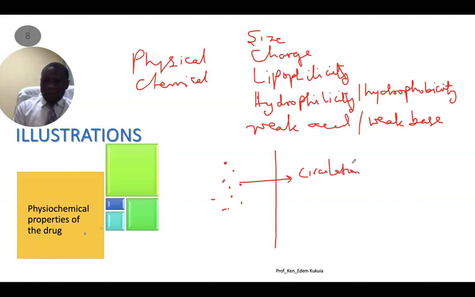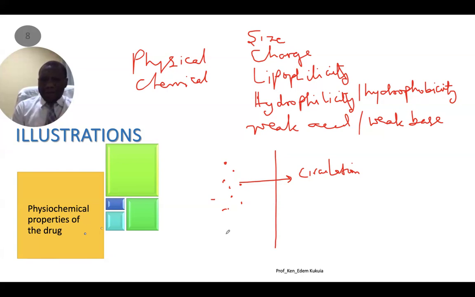Now, depending on the size, the drug molecule would be able to cross this membrane without any trouble, and it may cross passively. But if the size is too huge, then it will be difficult for the drug to be able to cross because the membrane will not be able to allow it. Remember, we said that it is semi-permeable.